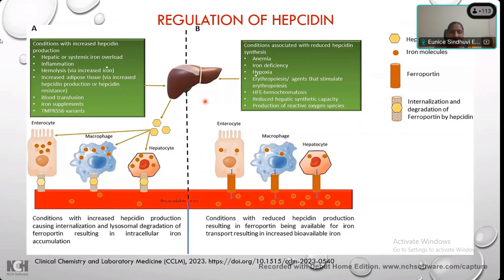So this is again a regulation of hepcidin. As I told, when hepcidin binds to ferroportin, there is internalization and degradation of ferroportin, so there is less iron in the circulation.